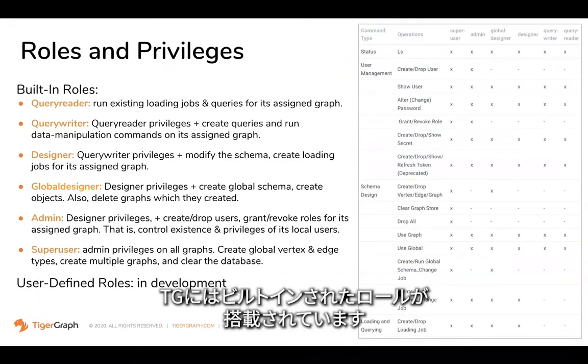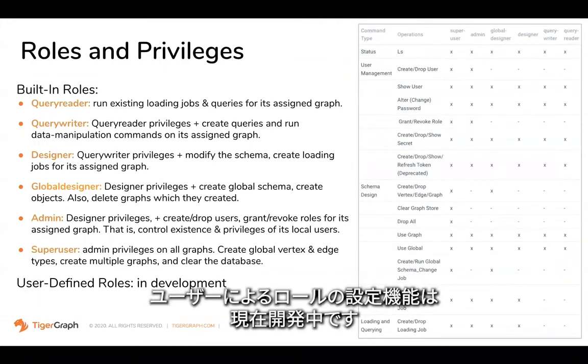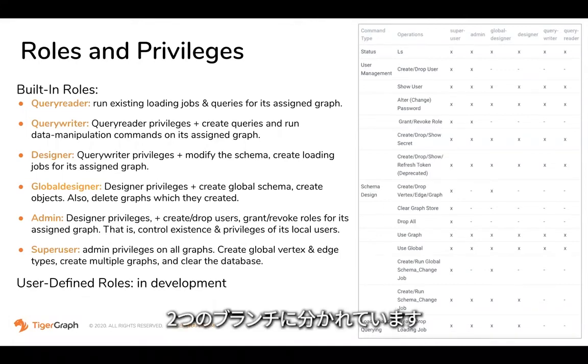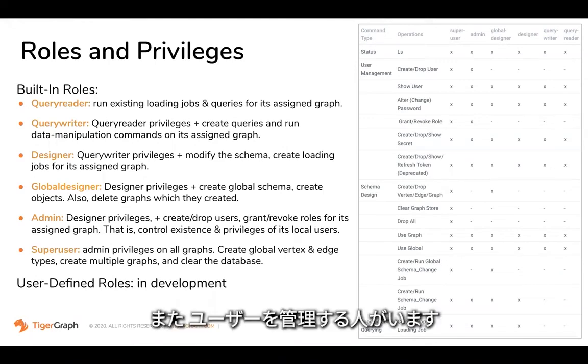We have a number of built-in roles, and we currently have user-defined roles in development. The built-in roles follow a hierarchy as well as two different branches: those who are designing the graphs and designing the queries, and those who are managing users.